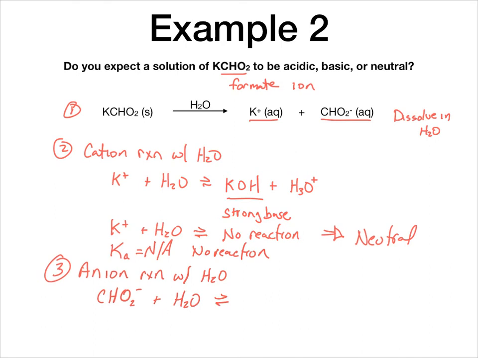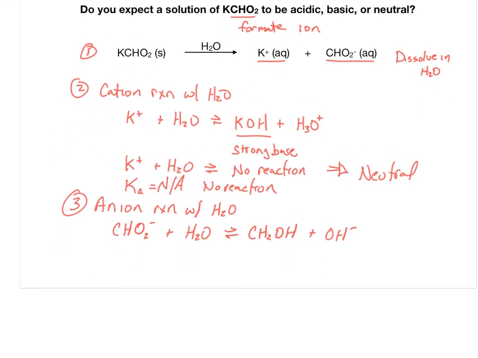A base takes a proton, so I have CH2O2 plus OH minus. This is formic acid. Formic acid is not one of our strong acids. It is a weak acid. And so we know that the formate ion, being the conjugate of a weak acid, is a weak base.